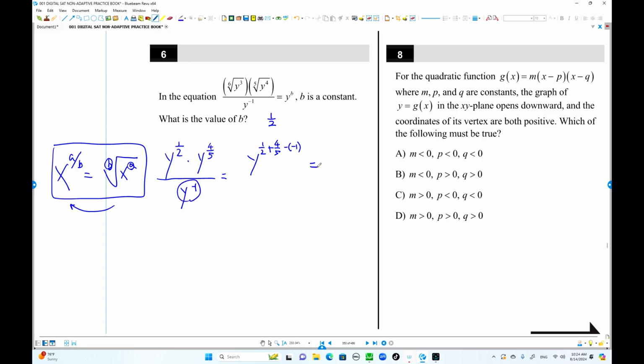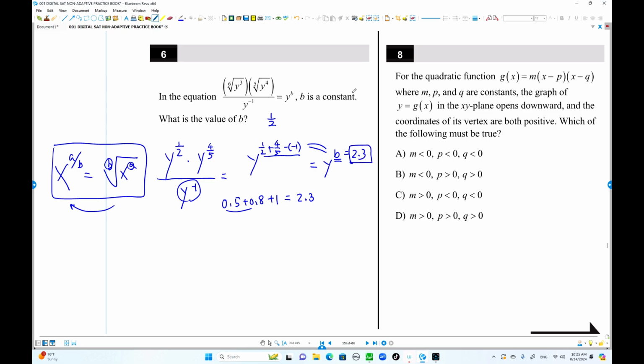That is equal to y to the b. So this value equals b. Maybe you can use decimals, it's okay too. 1 over 2 is 0.5, plus 0.8, plus 1. How much? 1.3 plus 1 is 2.3, right? The value of b equals 2.3, right? That's the answer.